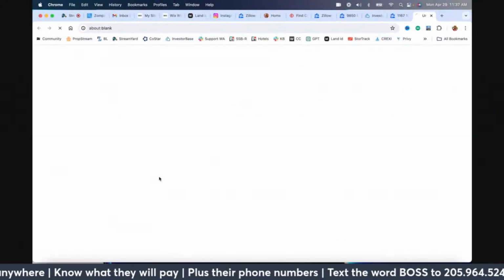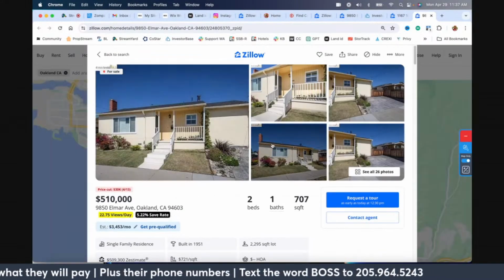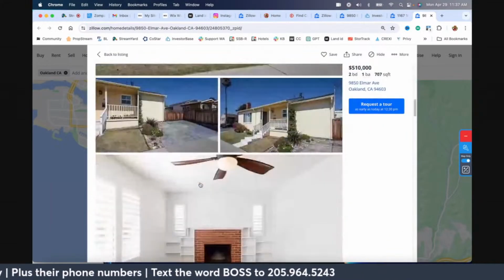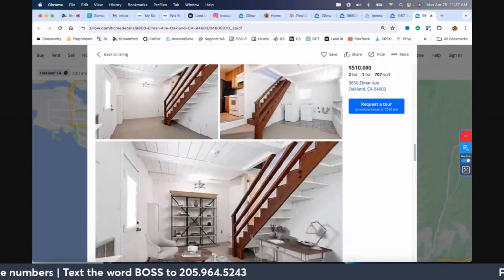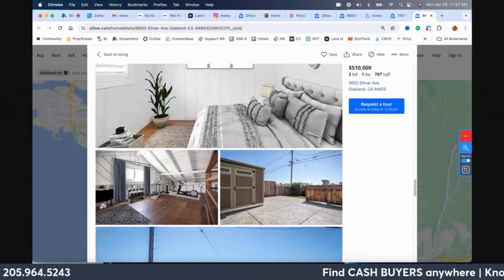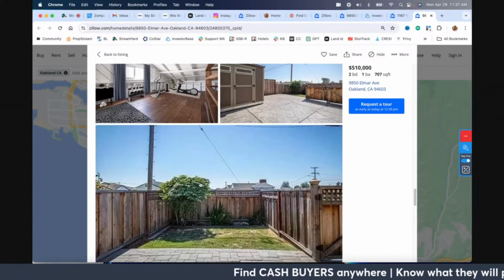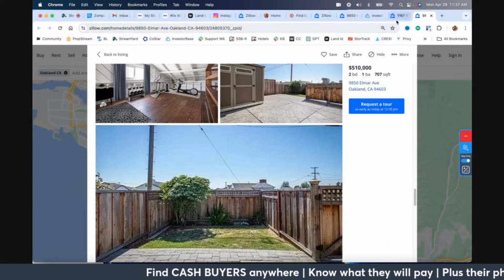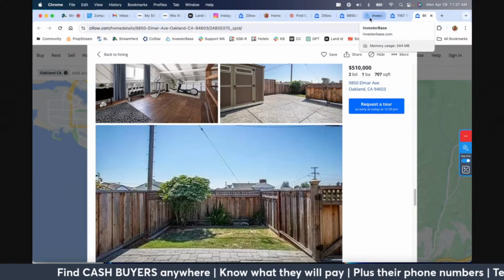Let me see. Building. It said a similar home sold for $490, but not rehab. 9873 Elmar Avenue. It says not rehab.